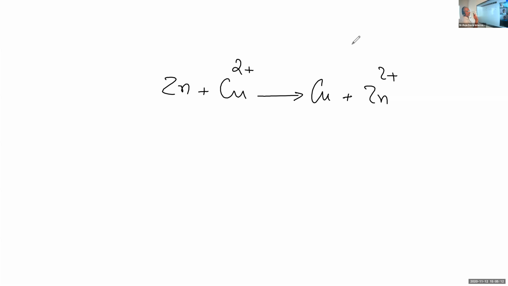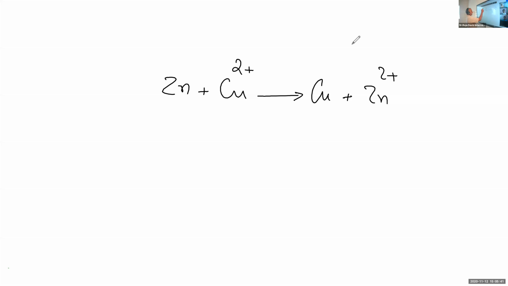Now, what is the oxidation number of Zn? Zn is a metal that is in the atomic state, the elemental state. And what is the oxidation number of Zn? Evelyn, can you help me? 0.